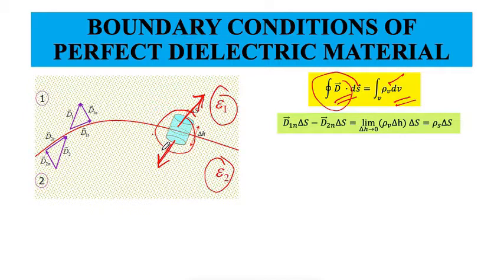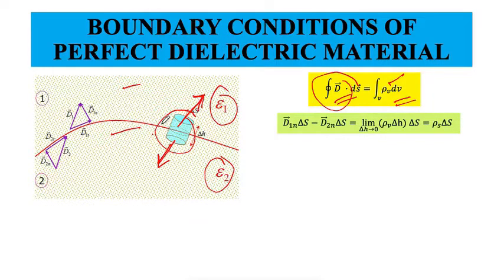Now let us see what happens to the right hand side. If these two are perfect dielectrics, then there can't be any free charge. What is the material that has free charge? That is a conductor, and we do not have a conductor here, so there is no free charge.